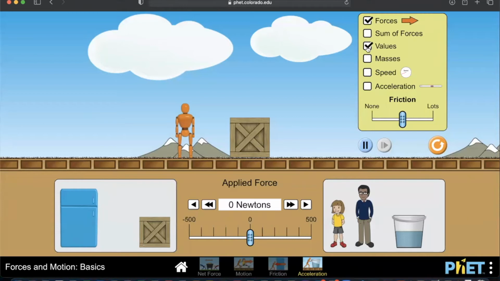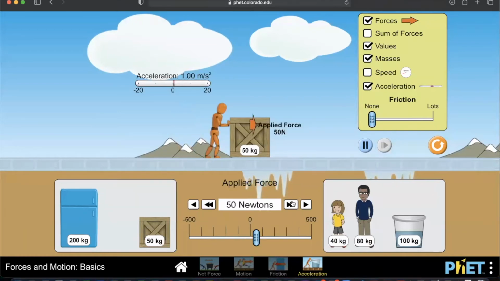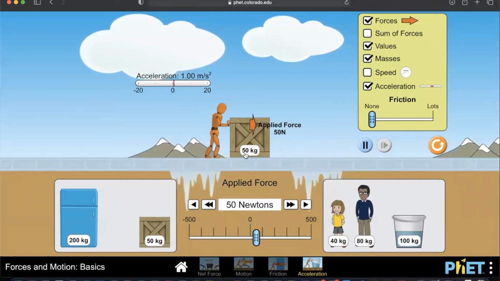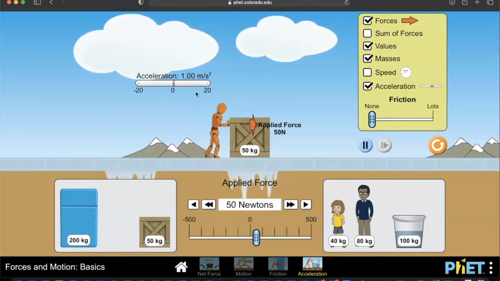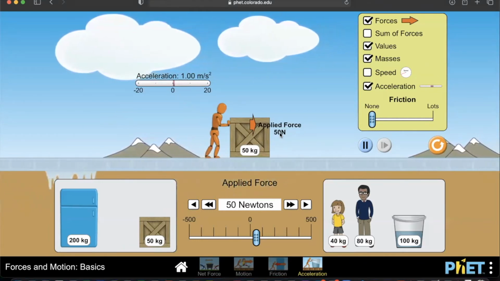This time we're going to check values, masses, and acceleration and slide friction to none. And if we apply a force of 50 newtons, you'll see that Newton's second law of motion holds because the mass 50 times the acceleration 1 is equal to the force 50.